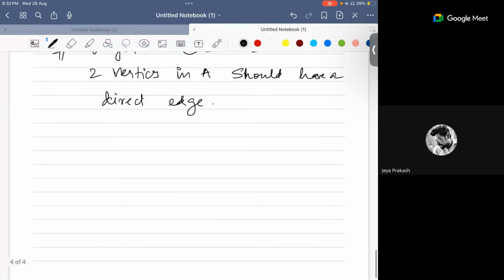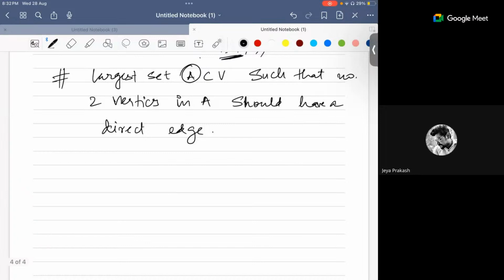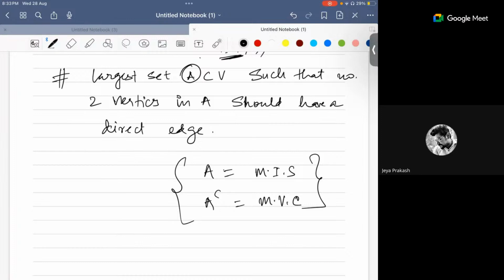Okay. So the best part about maximum independent set and minimum vertex cover is, if you are able to calculate one, you'll be able to calculate the other also. So for example, if A is the largest set you have found, the maximum independent set, then A complement will be the minimum vertex cover. So one of the two you should know how to calculate, either the minimum vertex cover or the maximum independent set. If you are able to calculate one, you just do the complement.